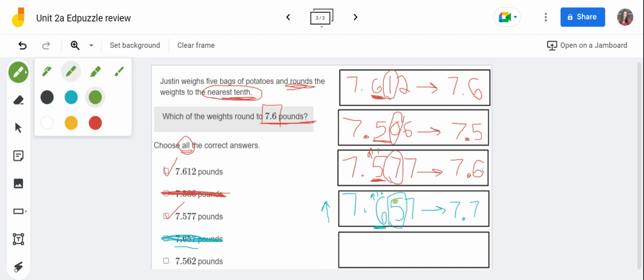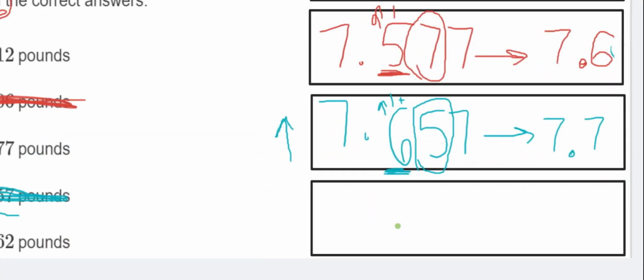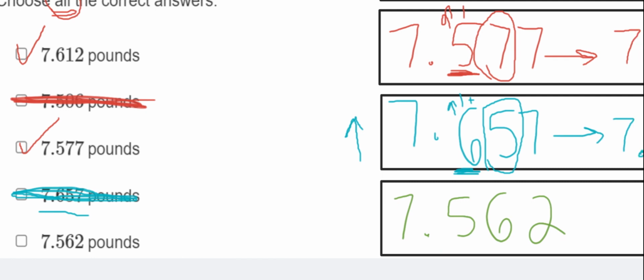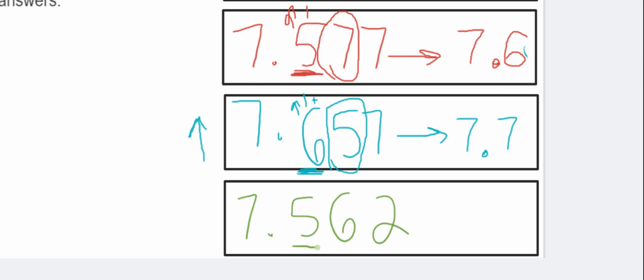Last one we're going to do, because of course I can't stop there. We have 7.562. And again, I know that's 7 and 562 thousandths. I'm rounding to the tenths place. There is a 5 in the tenths place, and there is a 6 next door. Now, if there is a 6, am I going to round up or keep the 5 the same? 5 or more, I raise the score.